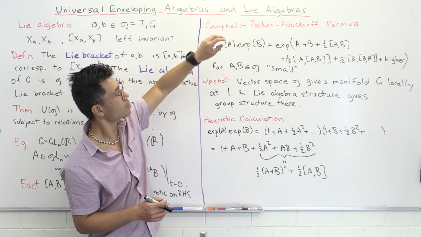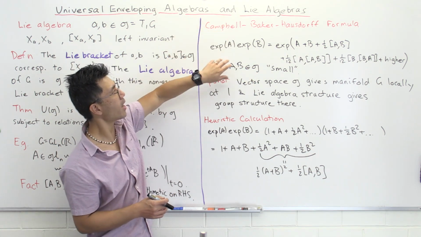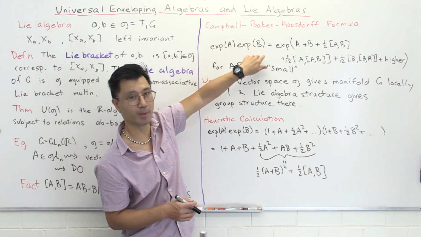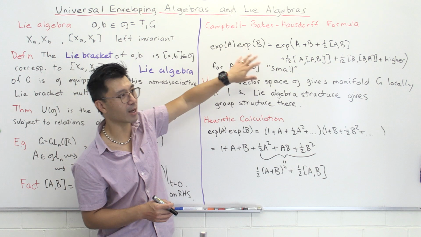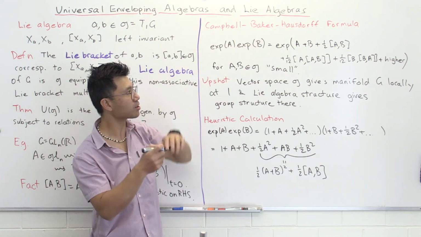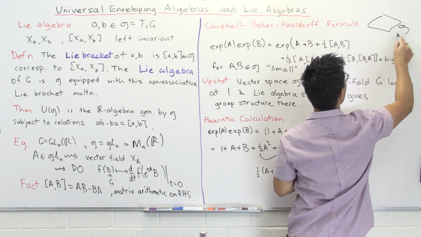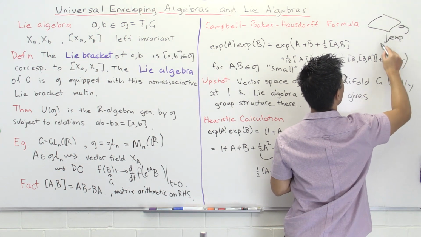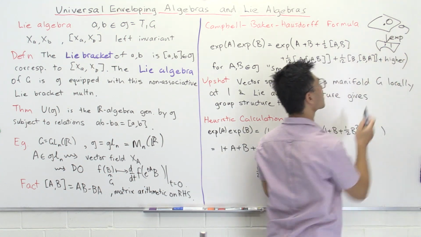Okay, so let's just see what happens when you try to multiply two elements, the exponential of A and the exponential of B, together. In some neighbourhood, if A and B are small, this is going to give you some isomorphism. So here's your tangent space, gothic g, and you have some exponential map down to your group. This is 0, this is 1.